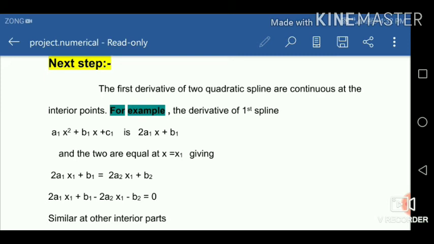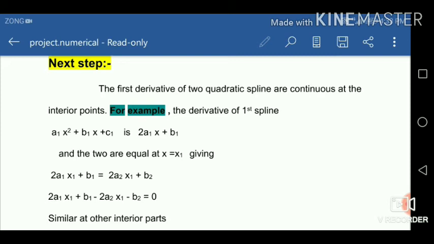For example, the first spline is a1 x² + b1 x + c1 and its derivative is 2a1 x + b1, and the two are equal at x = x1. Equating both at x = x1, we get 2a1 x1 + b1 = 2a2 x1 + b2.